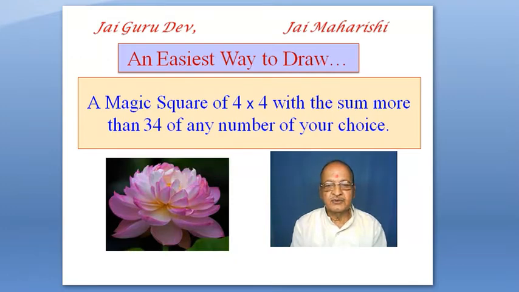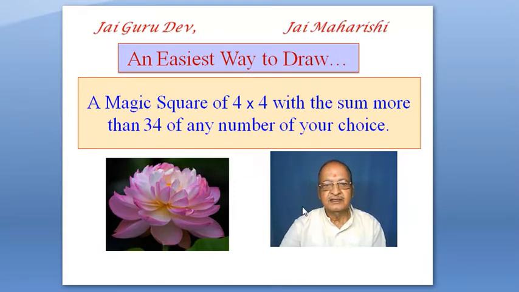If you take less than 34, it will work, but it will give some negative numbers. So this magic square will be with negative integers also. So for positive numbers, you should take a number more than 34.